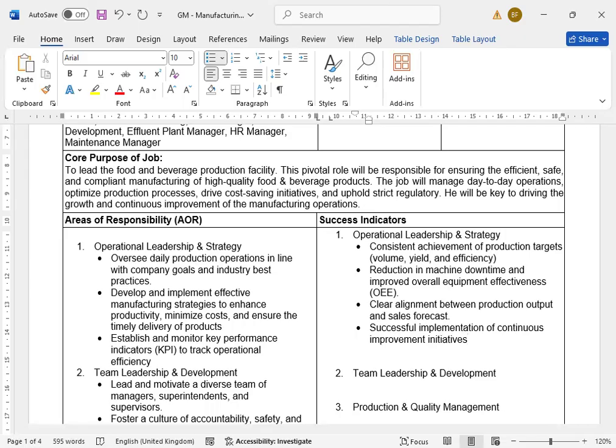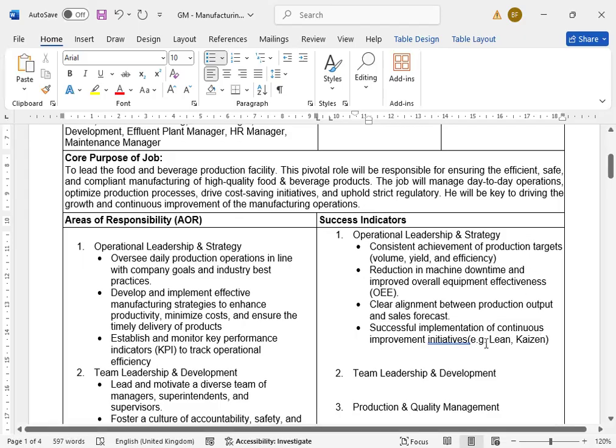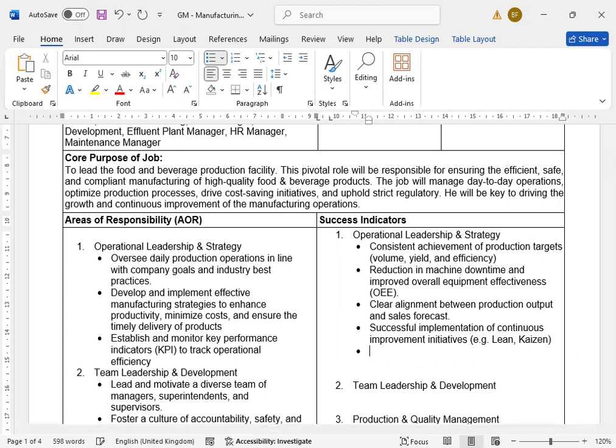Okay, I'll give you an example. E.g., what is E.g.? Lean manufacturing or Kaizen. All right, initiatives. Okay, what else?